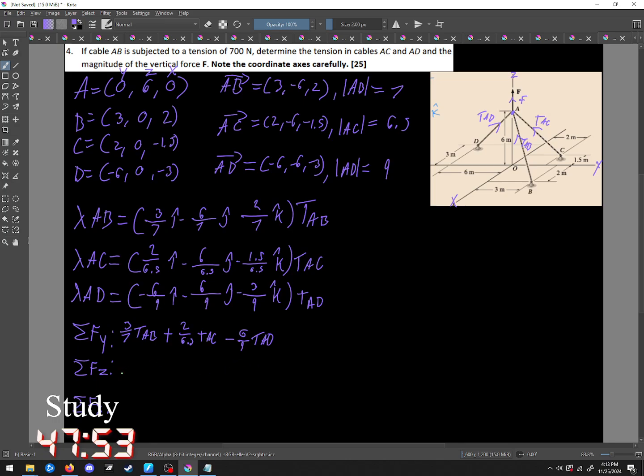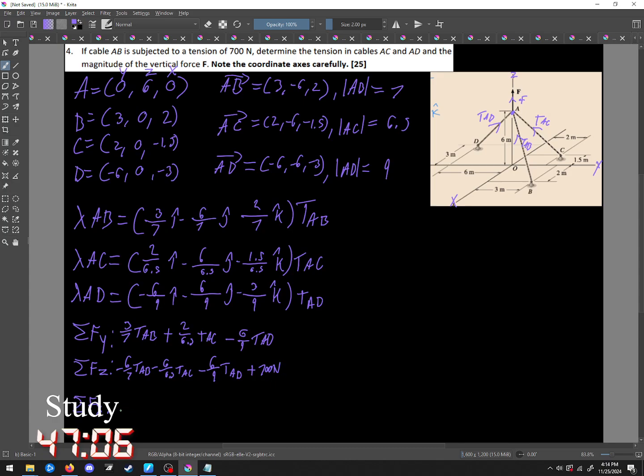Here in the z, we have negative 6/7 T_AB minus 6/6.5 T_AC minus 6/9 T_AD plus 700 newtons.